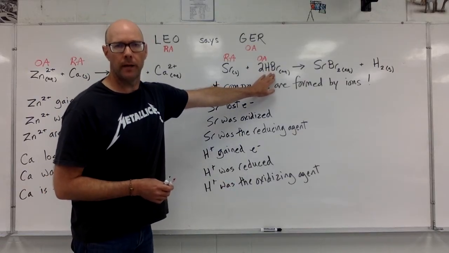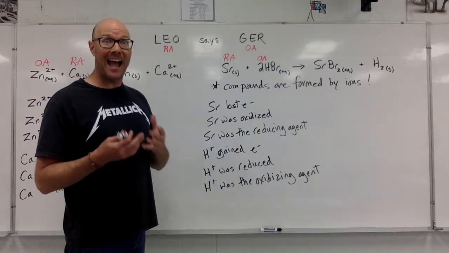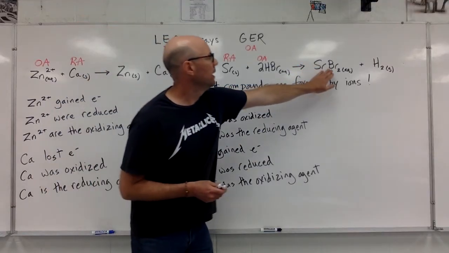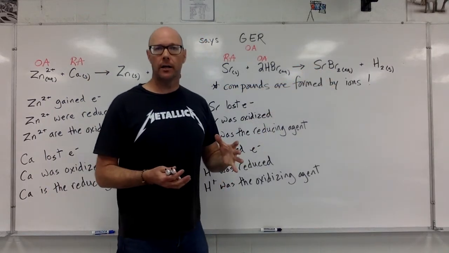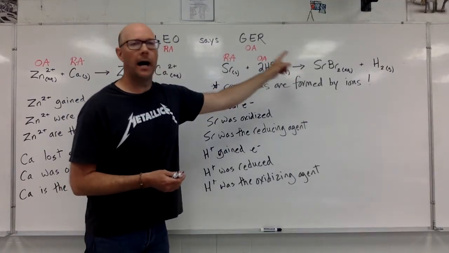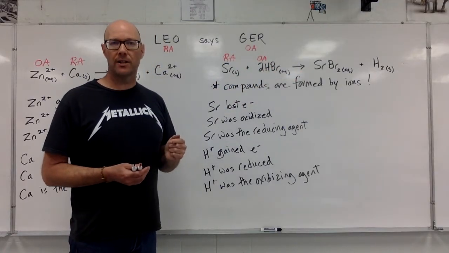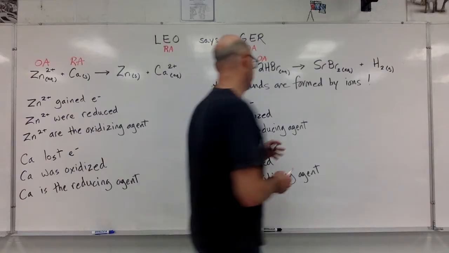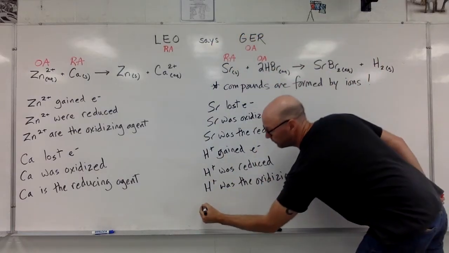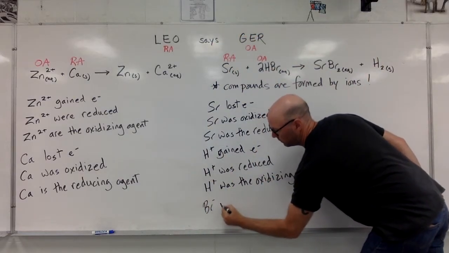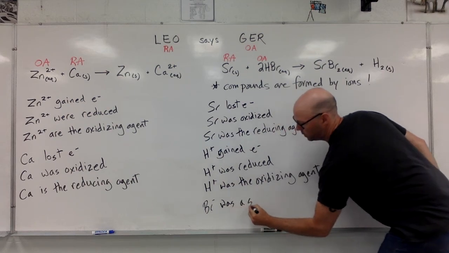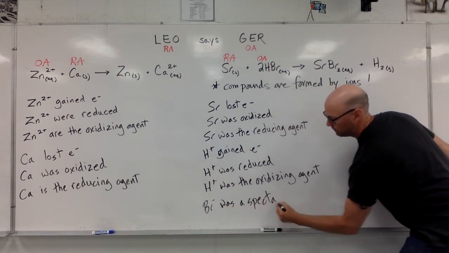Here's bromine in a compound, it's as an ion. Here it's still in a compound as an ion. The bromine was an ion before and after the reaction. It didn't change. So we could call it a spectator ion.